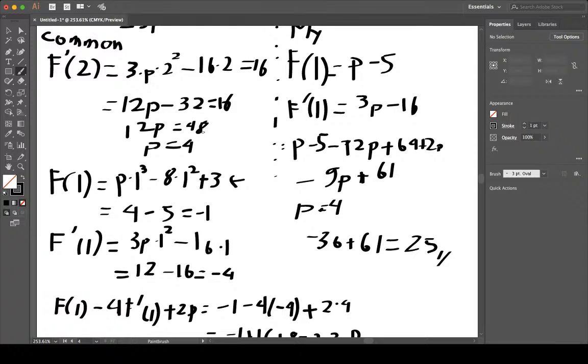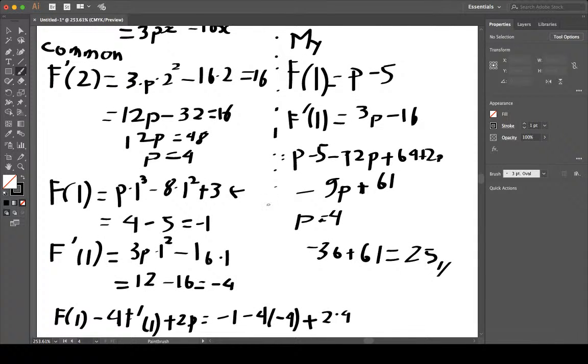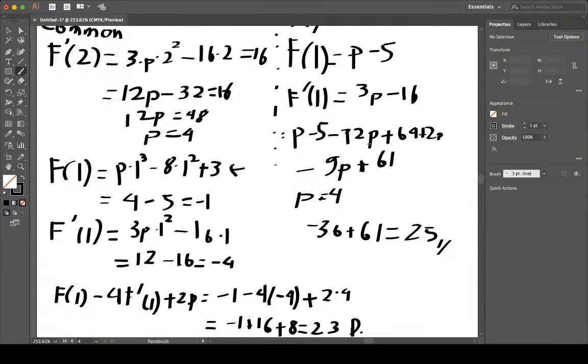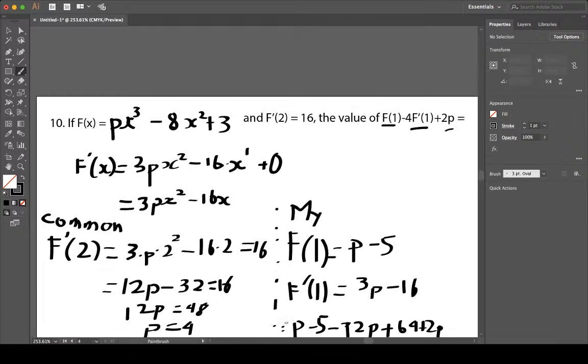Let me actually just check. 48 minus 32, yeah. This seems fishy. Multiply that by 4, that's 64. Plus 2p, and then subtract that by 10p, plus p, which gives a very different answer.